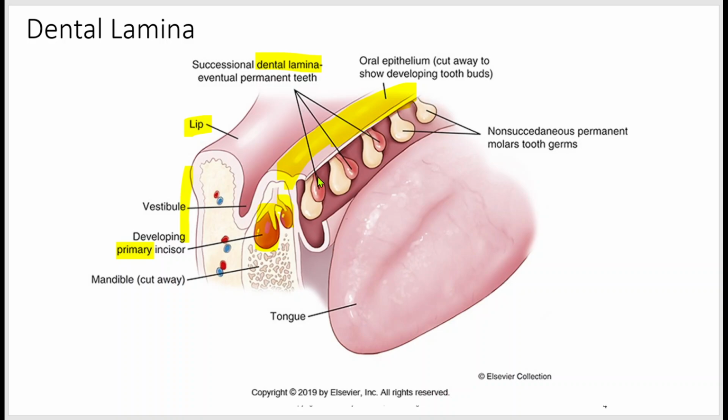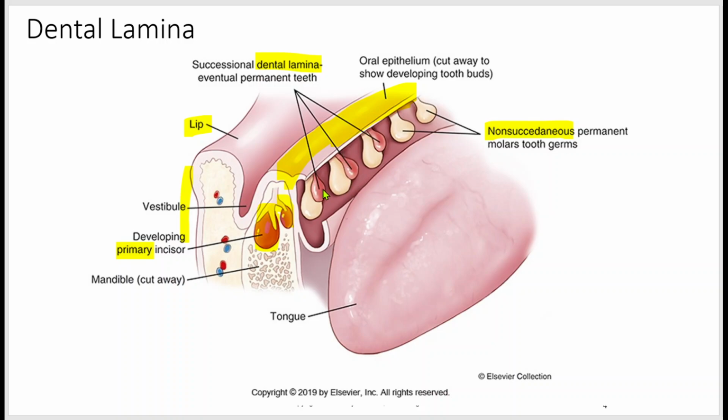So the dental lamina would go down and then would form some buds for the primary teeth and buds for permanent teeth. And as you know, we have some molars that are non-succedaneous teeth, because they don't appear where primary teeth appear. They would have their own buds. They will not be connected to that.